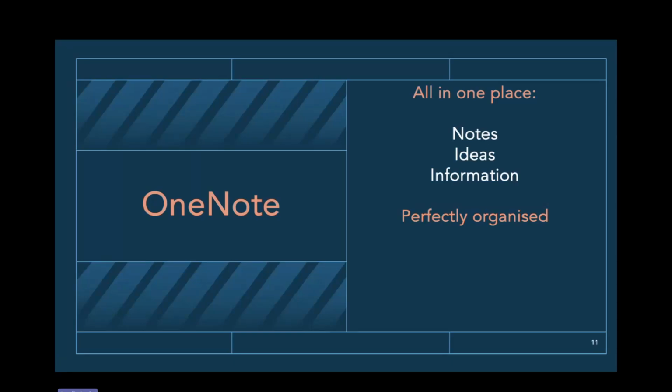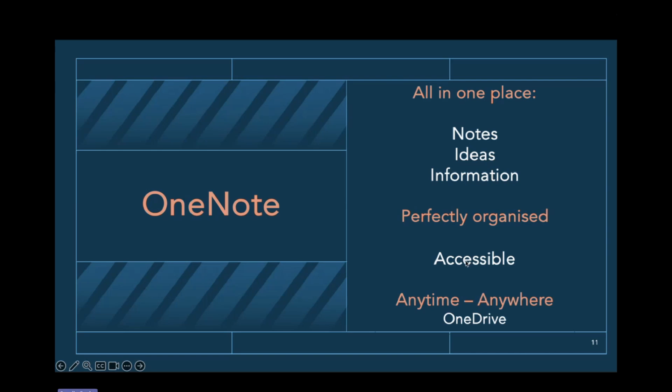What is OneNote? OneNote is an app, part of Microsoft 365, where you will have everything, or can have everything, in one place. All your notes, all your ideas, all types of information, perfectly organized in one single place.